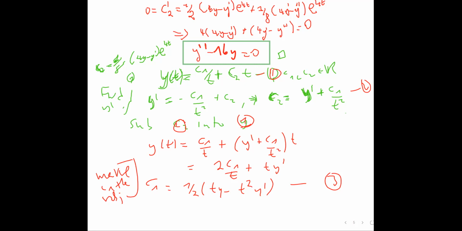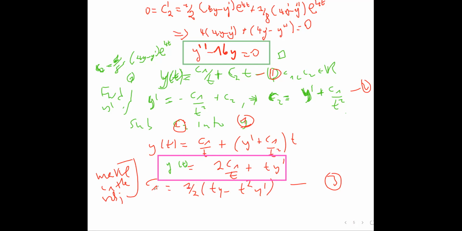Then substitute your c2 into your main equation. If you do that, you'll be able to arrive at this here. So you have y(t), you have this, and then make c1 the subject.